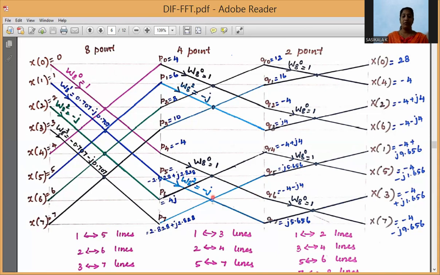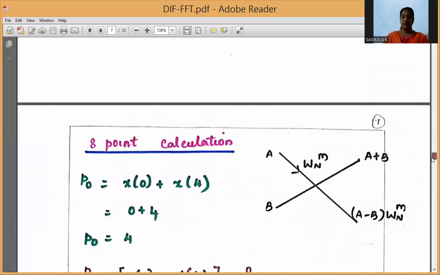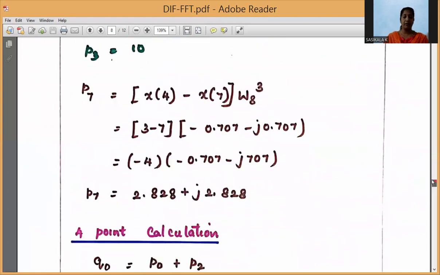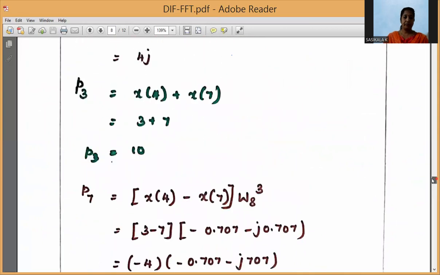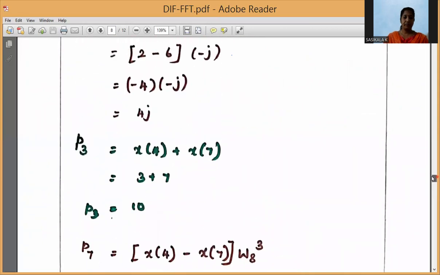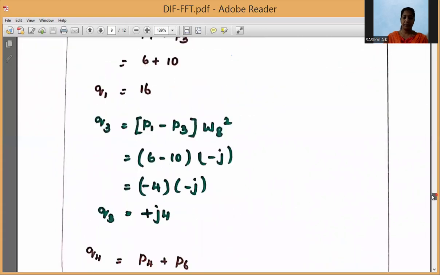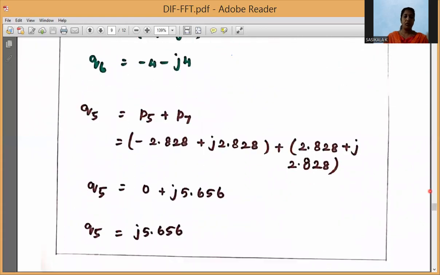Okay, and come to the fourth butterfly. The inputs are P5 and P7 and the outputs are Q5 and Q7. So what is Q5? Q5 equals P5 plus P7.